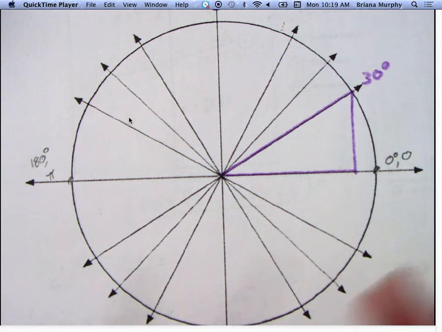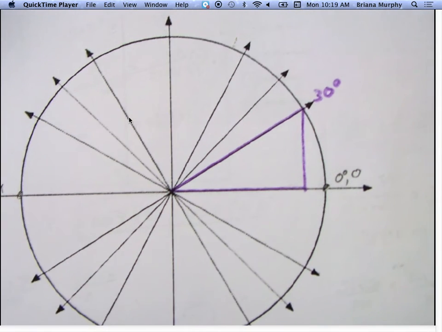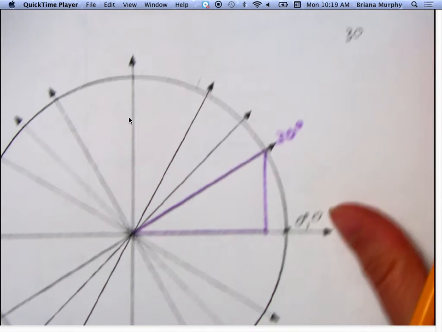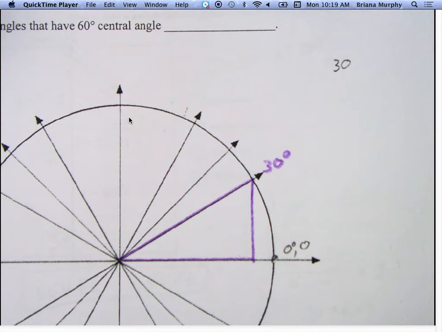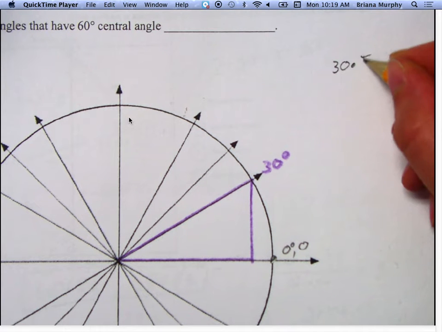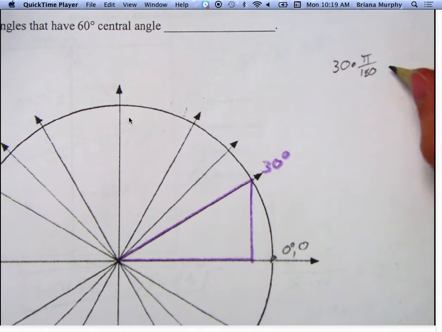The distance in radians I'm going is I'm taking 30 degrees. This is a way to convert degrees to radians. Times pi over 180. Well, I get 30 over 180, or 30 pi over 180.